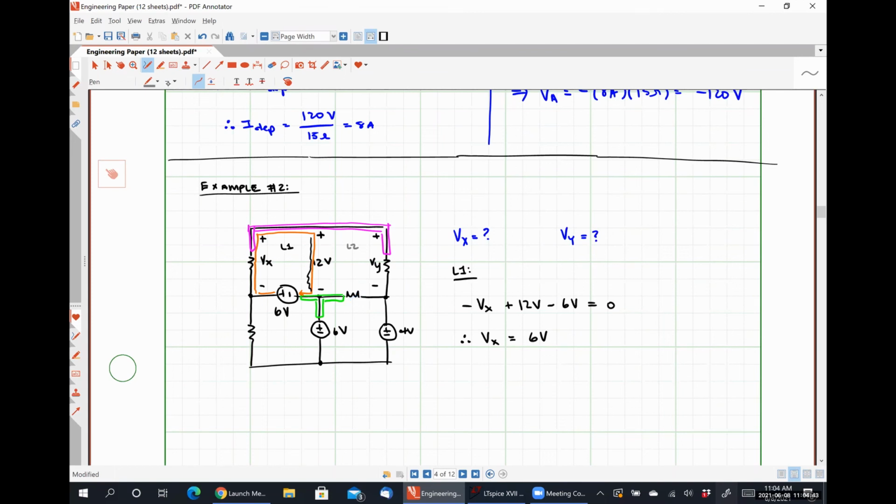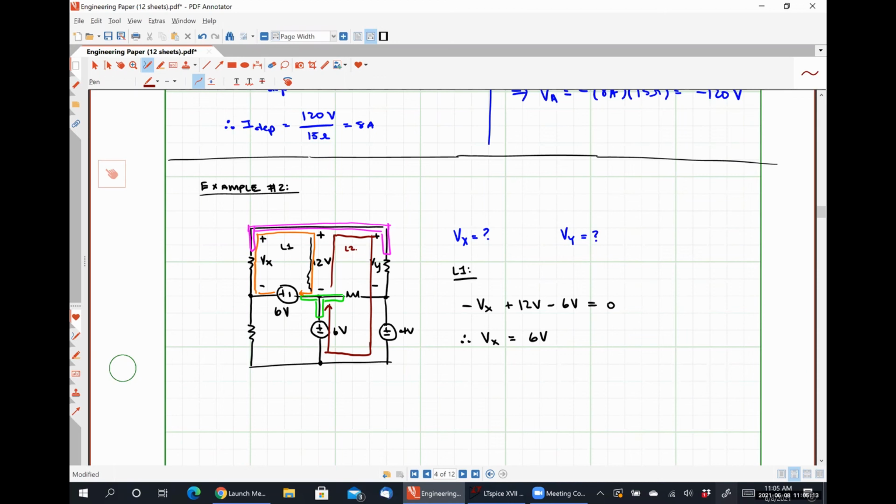What if I went around this loop? I'm going to call this one loop 2 again, that I've outlined in brown.